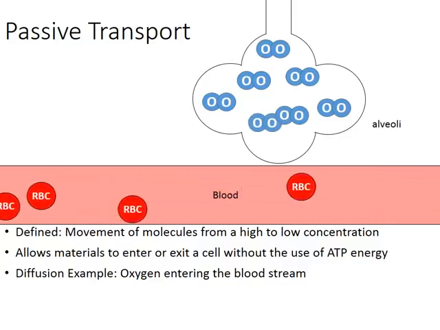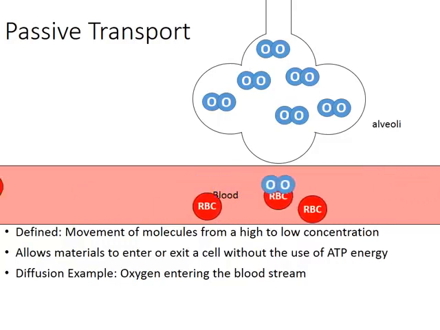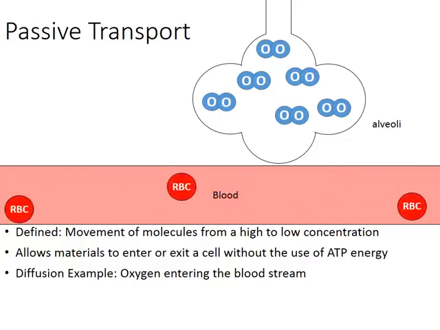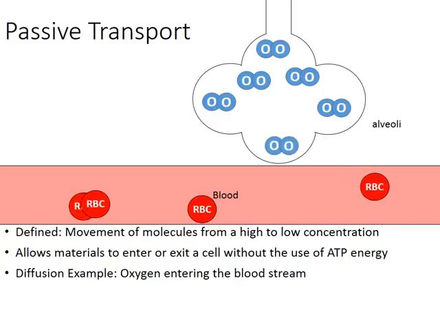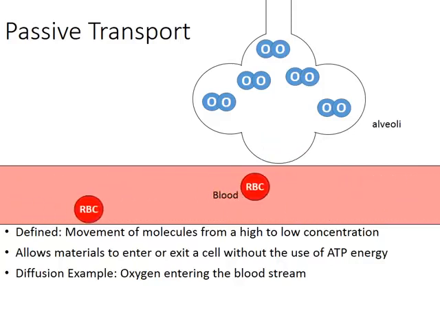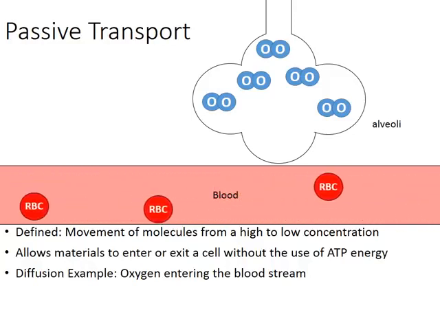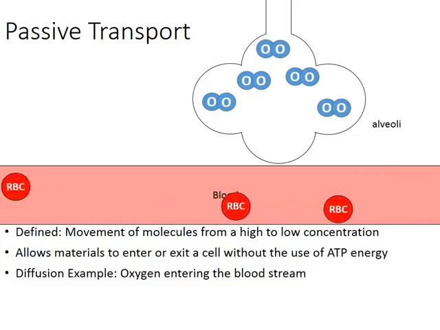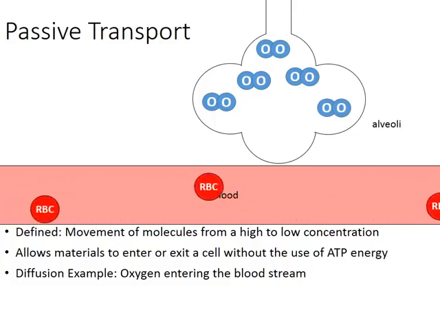From high to low concentration, another oxygen molecule will slip through the alveoli and into the blood. And one more time, oxygen slips through, picked up by a red blood cell, and carried throughout the body. So this is diffusion, where molecules are really moving from a high to low concentration, and they're small enough where they can just pass through the outer layers.